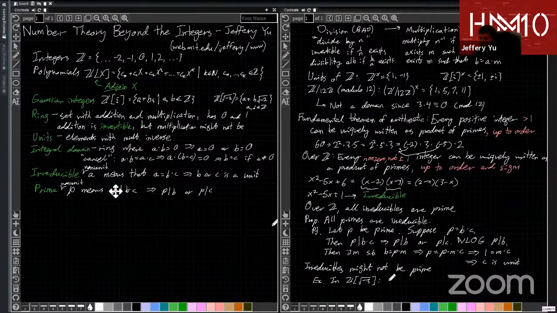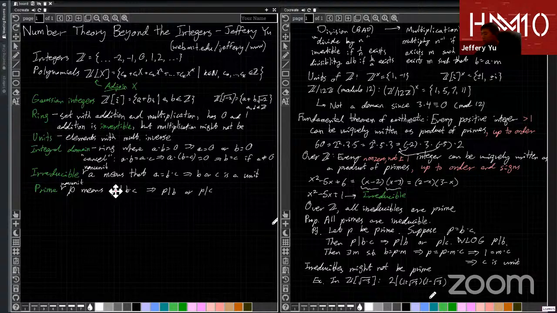Then I claim 2 is irreducible. This is something you can just check, not difficult. Maybe I'll talk a little bit about that afterwards. But let's show that 2 is not prime. So in this case, 2 divides the product 1 plus root -3 times 1 minus root -3, right? By difference of squares, this is just 1 plus 3, which is 4.